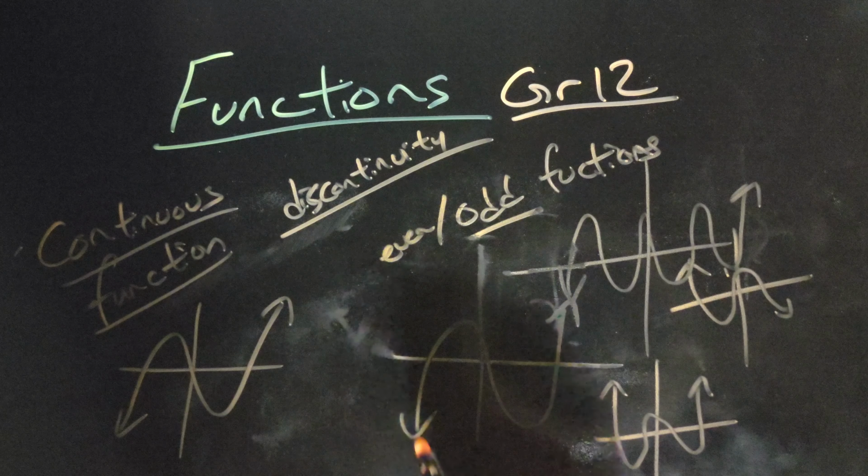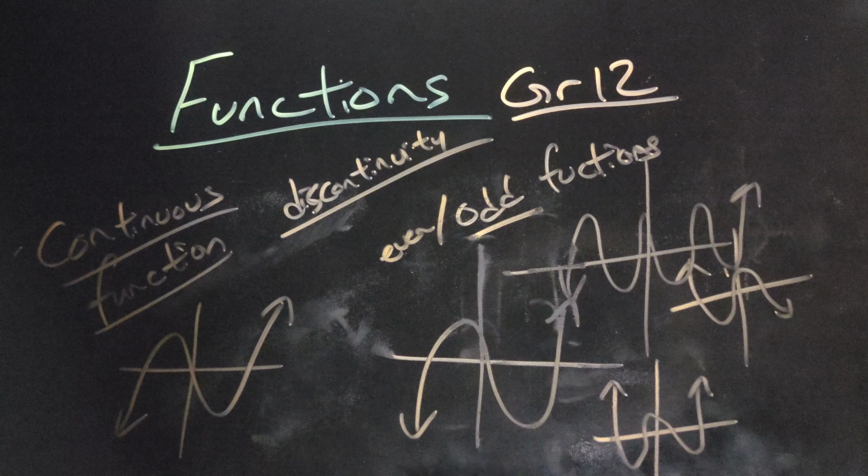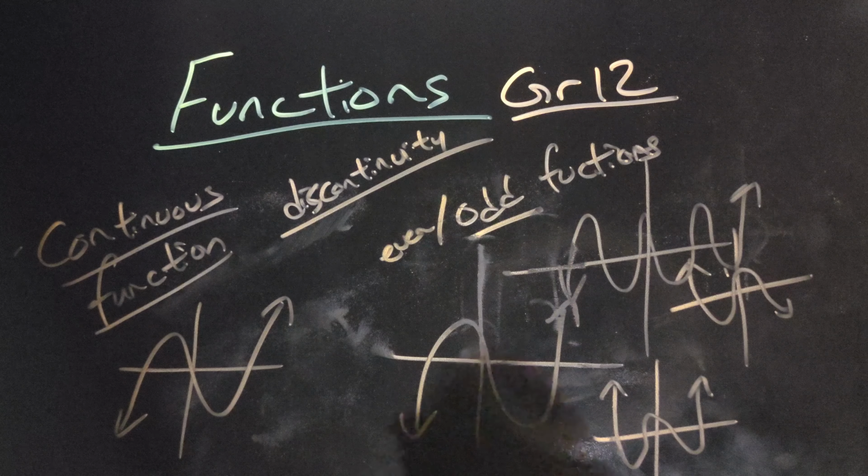A discontinuity is a break in the graph. The point at which it breaks is where it's a discontinuity.